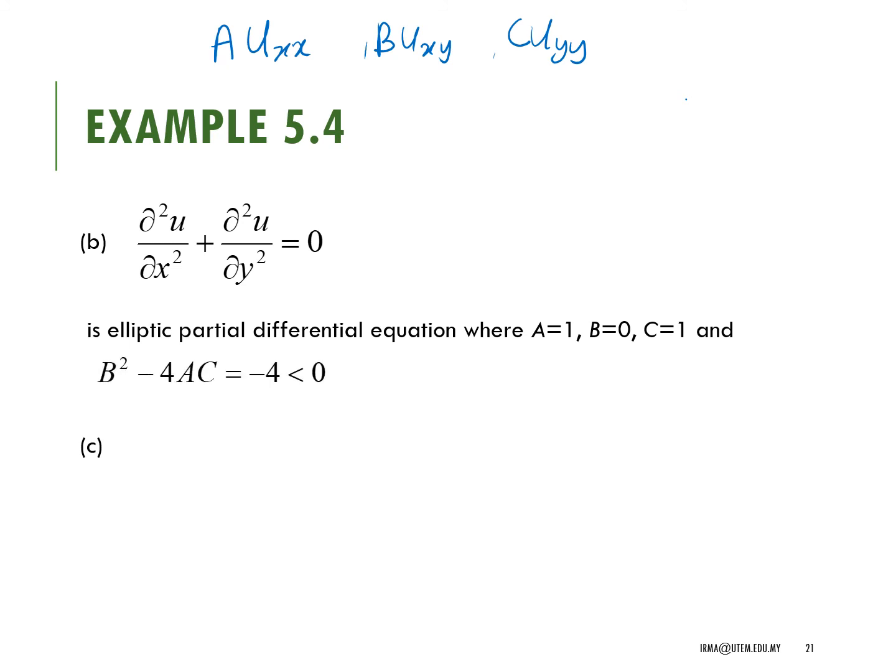If you solve for b² − 4ac, you will get −4. Since −4 is less than 0, it is considered elliptic.